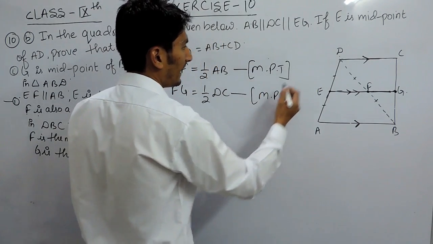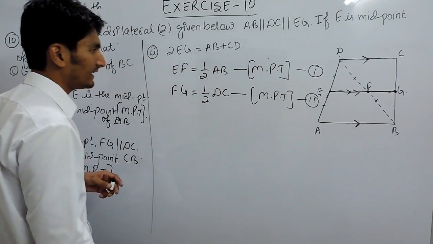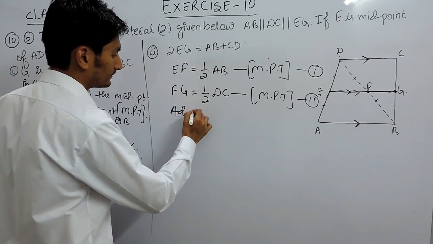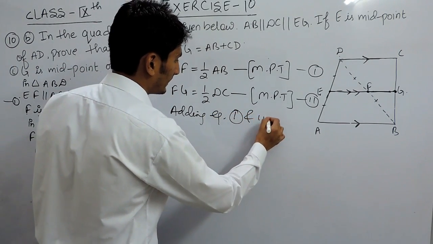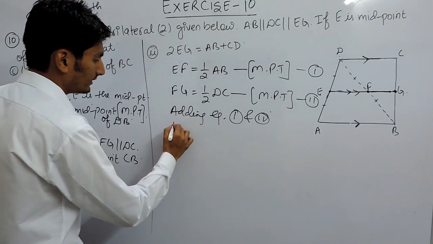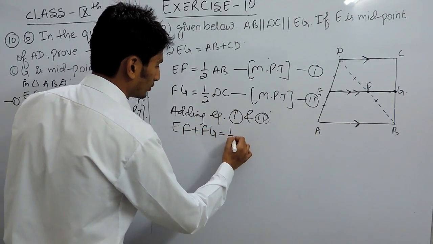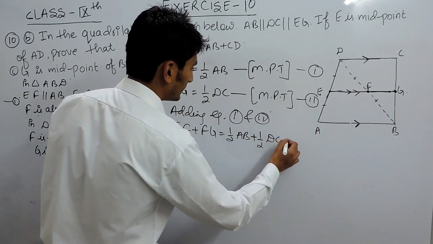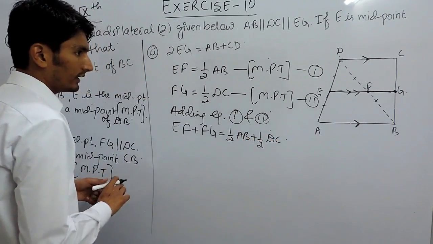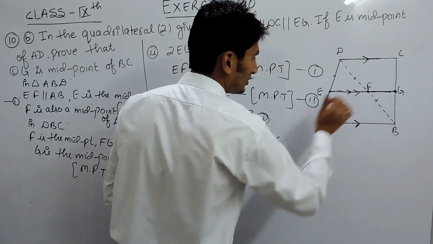If I consider this as equation 1 and this as equation 2, and add equations 1 and 2, we can conclude that EF plus FG equals half of AB plus half of DC. EF plus FG can be written as EG.